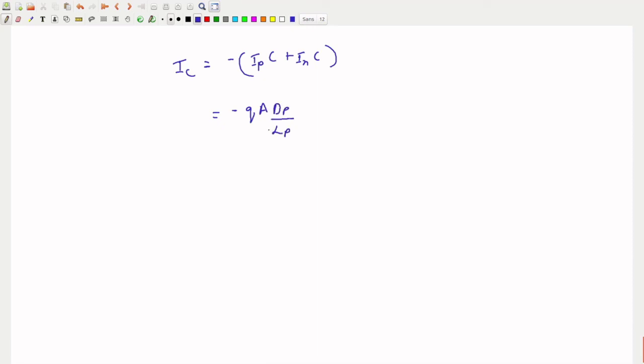So it is an opposite direction we are taking. Minus QA dP by LP, just substituting, delta PE cosech WB by LP minus delta PC coth WB by LP.